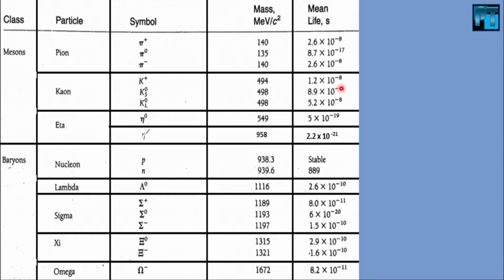See, this table has been constructed of mesons and baryons. These are the pion family, kaon family, eta meson family, nucleons and other particles. There is something interesting about this table.